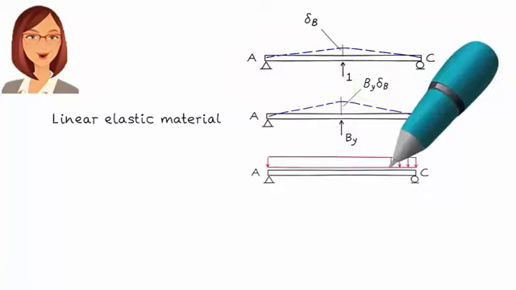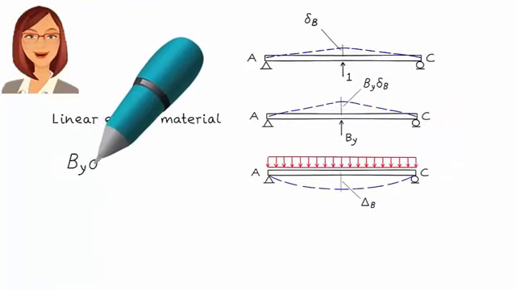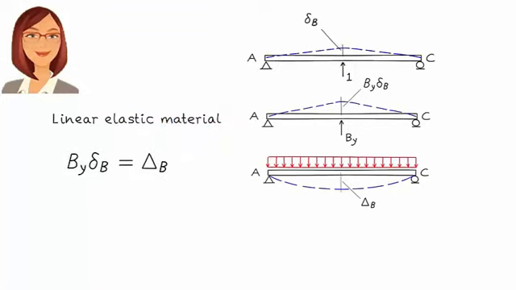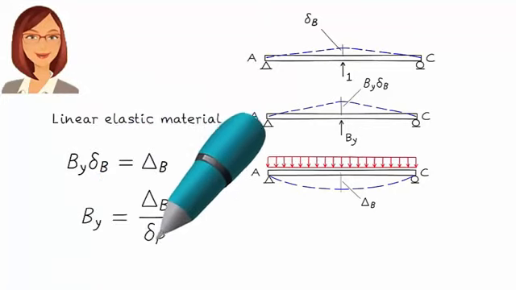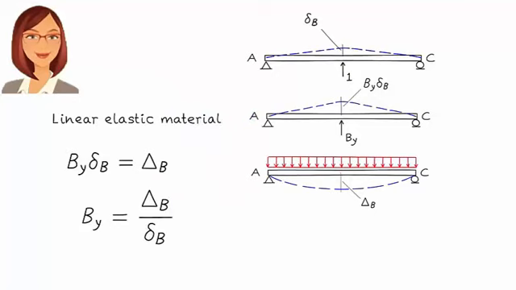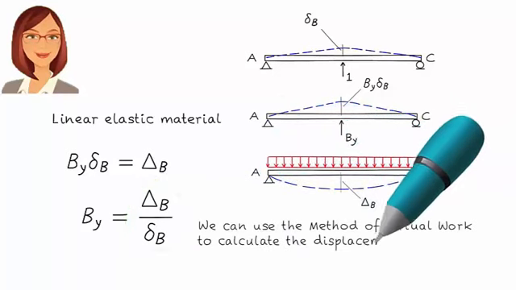And since the vertical downward deflection at B under the distributed load is delta B, then we can write delta B = By delta BB, or By equals delta B over delta BB. To calculate By, we need to calculate the displacements in the numerator and denominator of this ratio. This can be done using the method of virtual work.